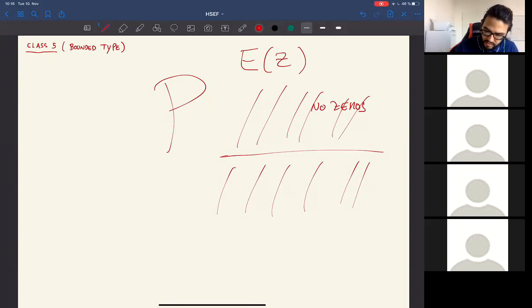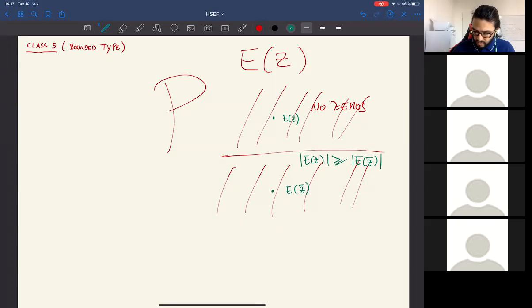But the two conditions were, if you take a point here and then you take its reflection, then E(z) here and E(z̄), the modulus in here is greater than or equal to the modulus there.